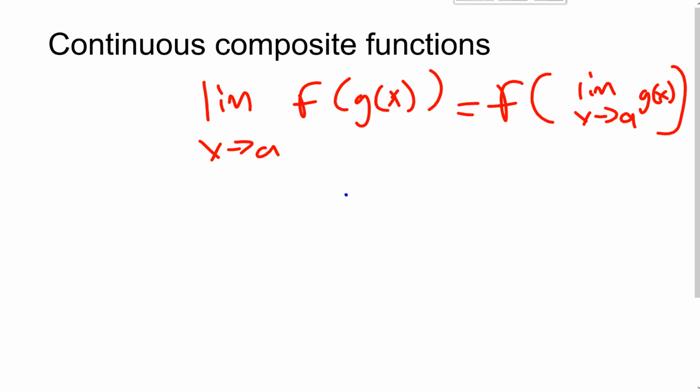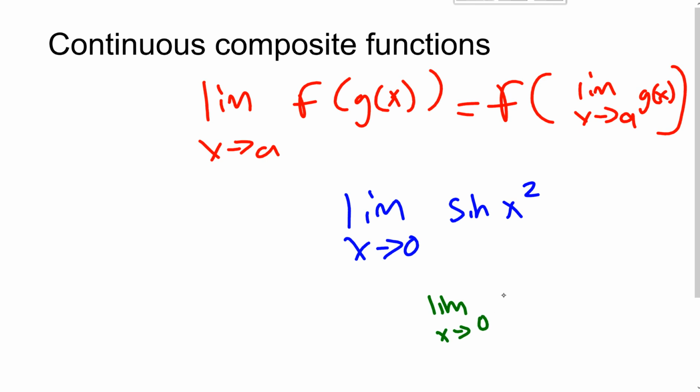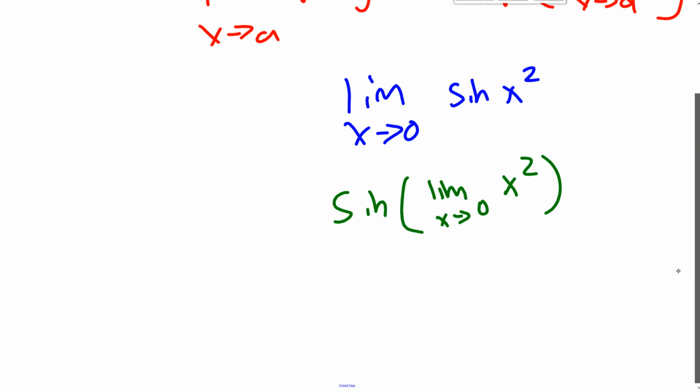For example, if I want the limit as x goes to 0 of sine of x squared, I can just take the limit as x goes to 0 of x squared and then plug that inside of sine. So I plug in 0 and get 0, and now I take the sine of 0, and that is 1. So the limit of this as x goes to 0 is 1.